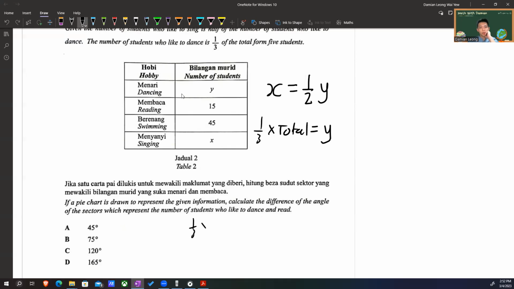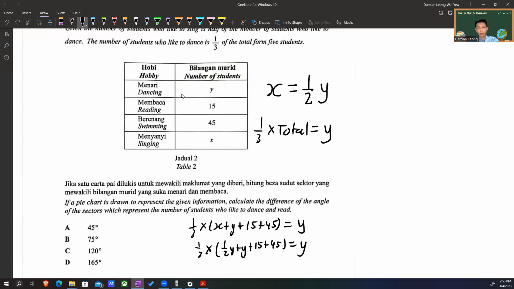If I take 1/3 times the total, x plus y plus 15 plus 45 equals y, and x is half y. So half y plus 15 plus 45 equals y.